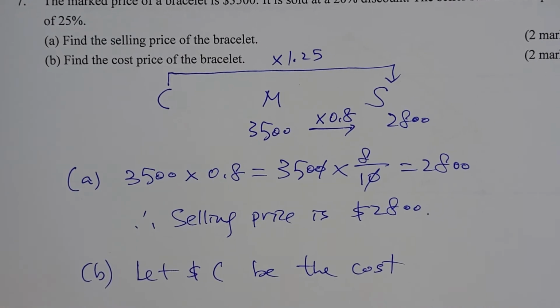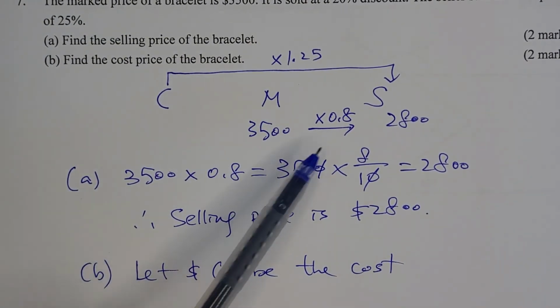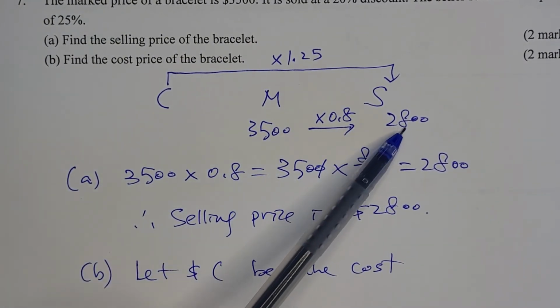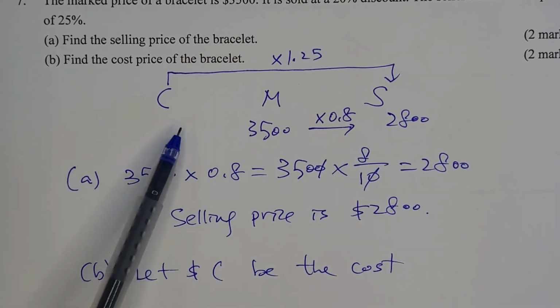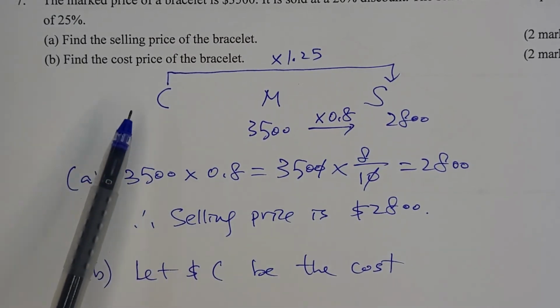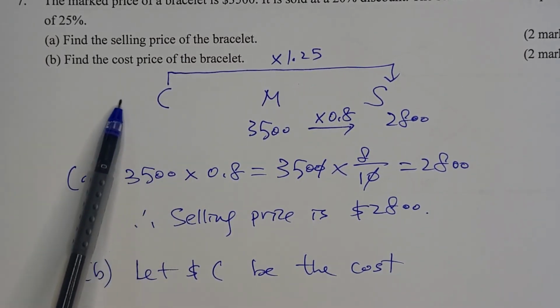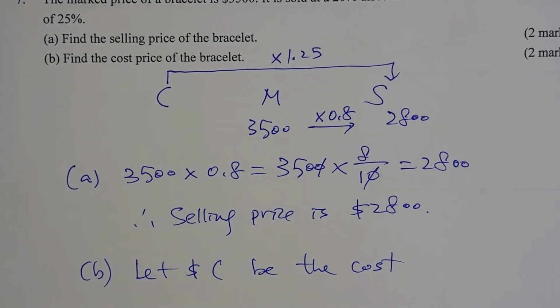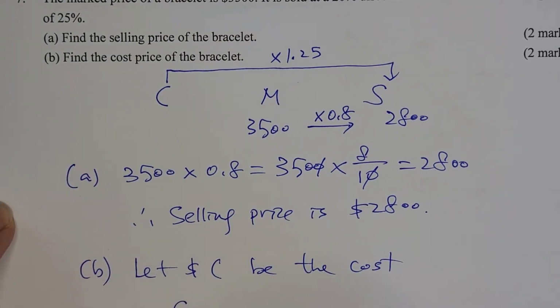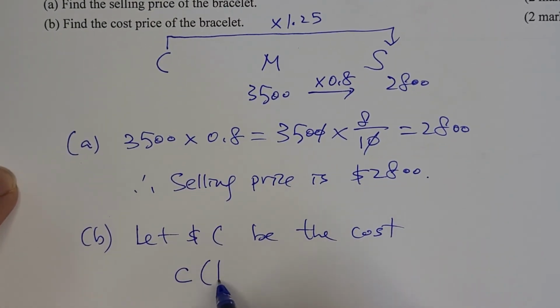Some of you may have the misunderstanding, think that, okay, can I use 2800 times 1 minus 25% to go back to C? No, you cannot do it. You always start from the original value. Always start from the original value. So we use the cost price C times 1.25 equals to 2800.